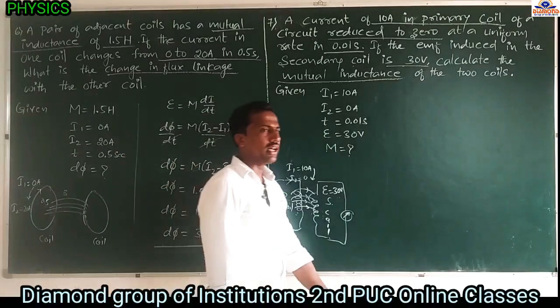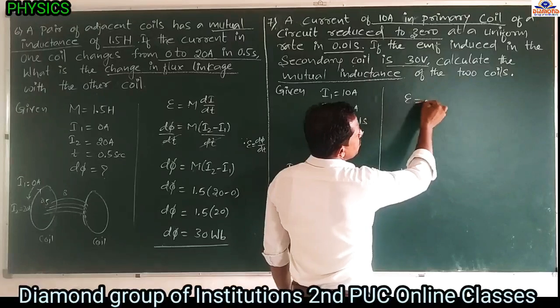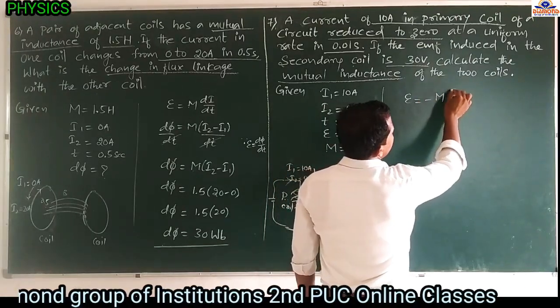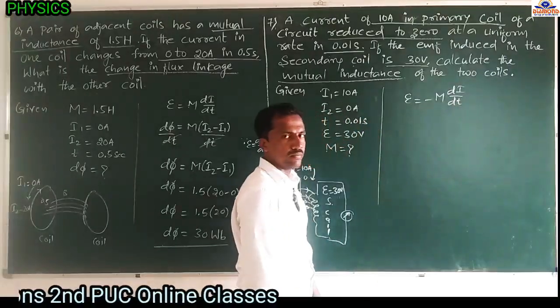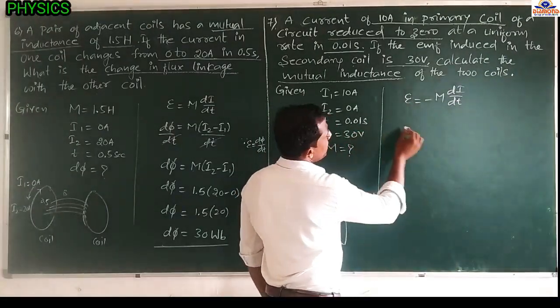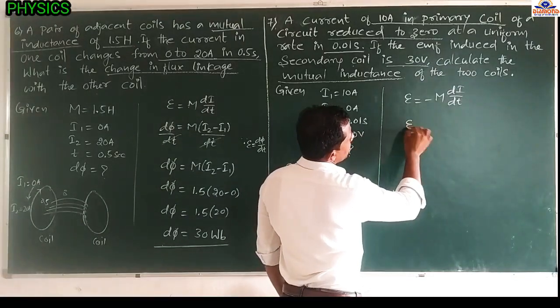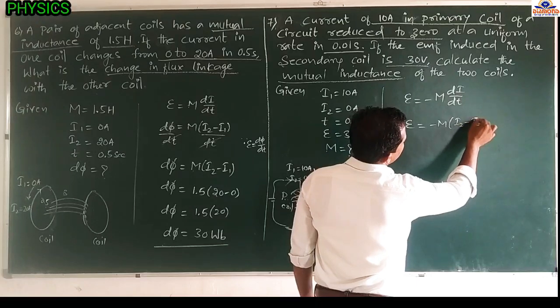Then the formula: EMF E equals minus M dI by dt. We are writing E equals minus M times I2 minus I1 by T.